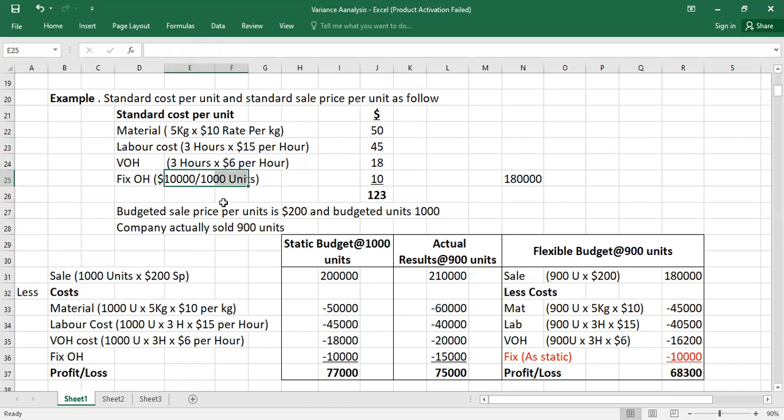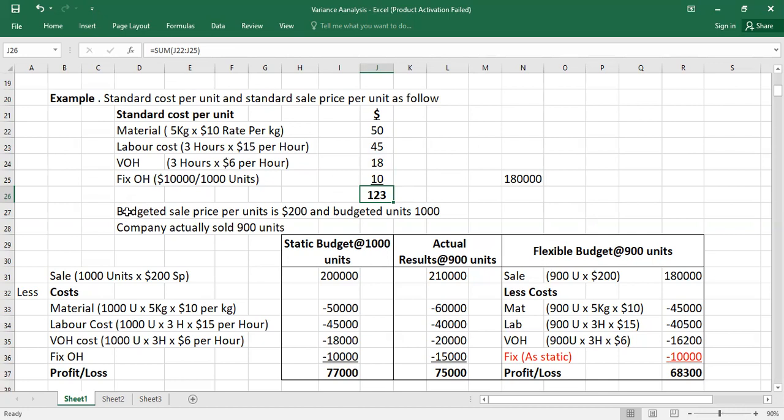So $10,000 divided by 1,000 units gives $10 per unit. If we add the cost of material, labor, variable overhead, and fixed overhead, we get the product cost, which is $123.